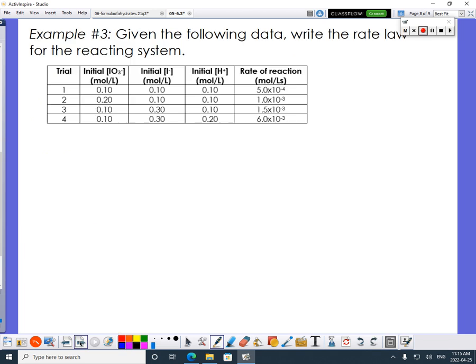Okay? So we're given a new chart of data. This time we're given 3 reactants. That's fine. I'm just going to go in order. Okay, so IO3 is pretty straightforward.